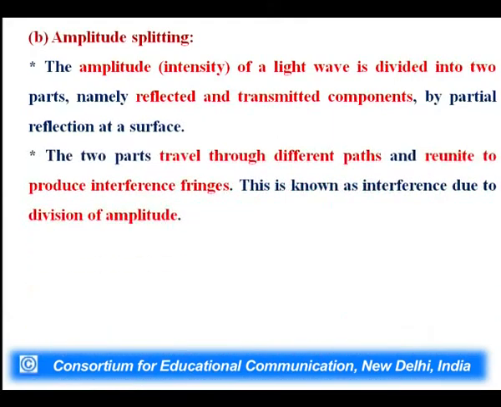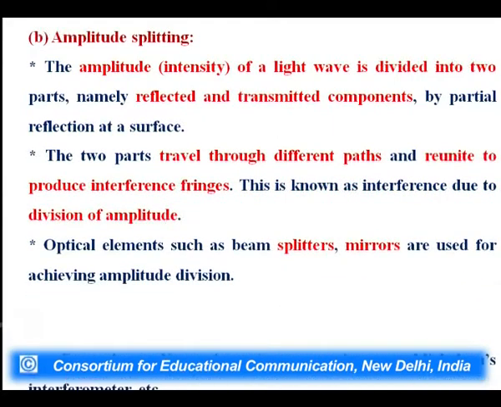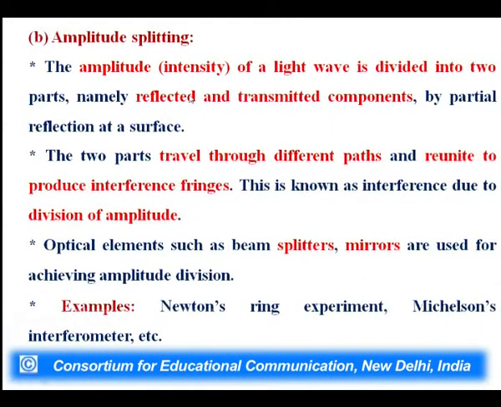The second part is amplitude splitting. In amplitude splitting, the amplitude, meaning the intensity of the light wave, is divided into two parts, namely reflected and transmitted components, by partial reflection at a surface. These two parts travel through different paths and reunite to produce interference fringes. This is known as interference due to division of amplitude.